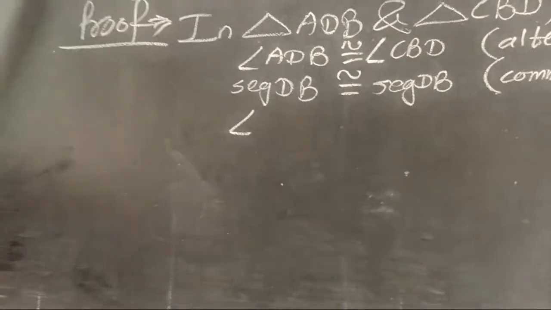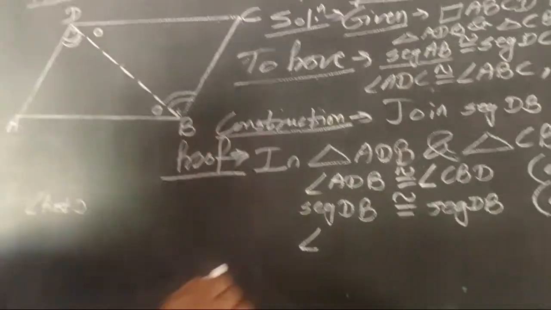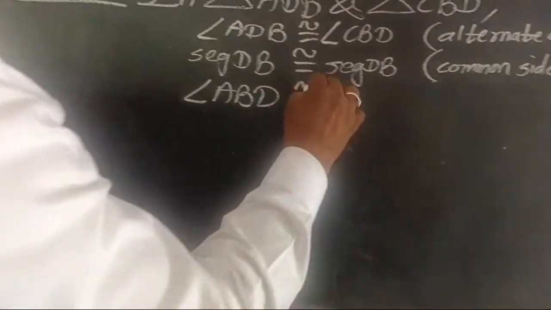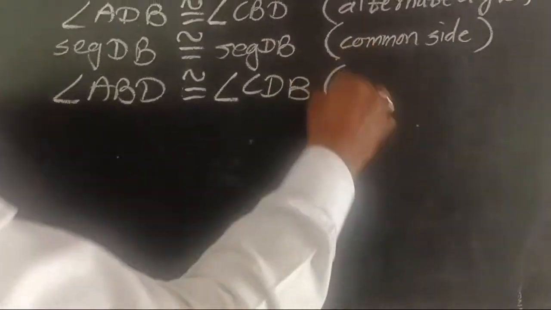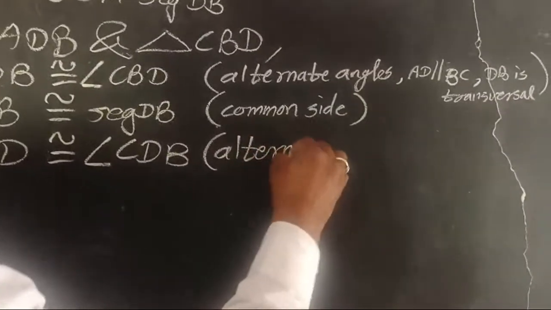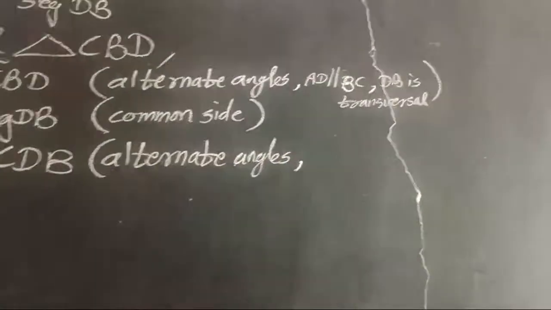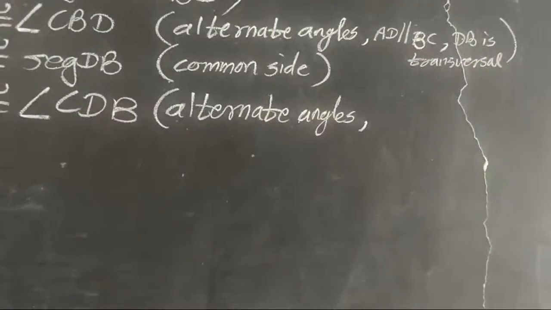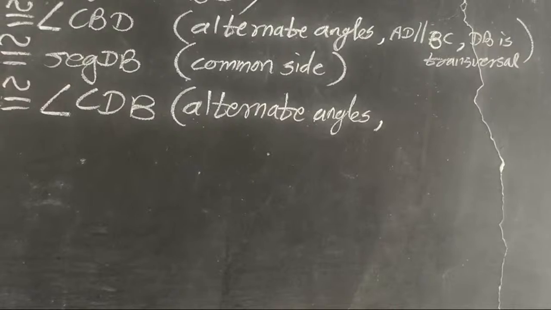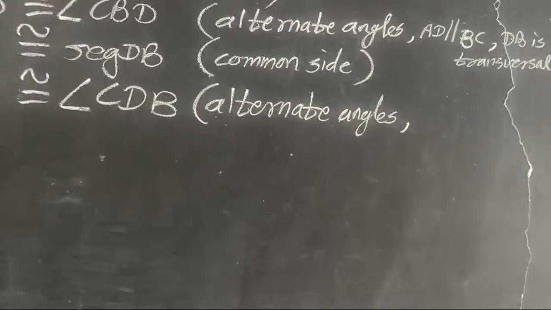Angle ABD is the correct answer, congruent to angle CDB, also correct. And the reason is alternate angles. Why are alternate angles congruent?